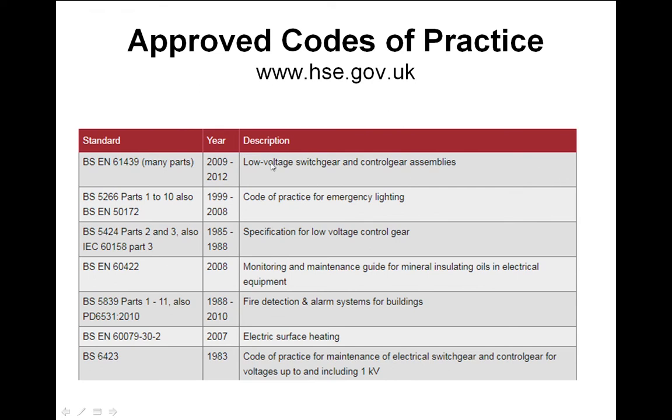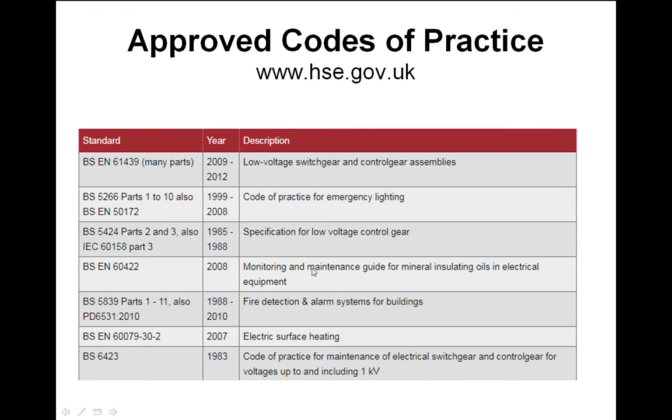We do have standards about low voltage switchgear and control gear assemblies, and a code of practice for emergency lighting. This is all about how much emergency lighting has to be in the factory, what about the batteries, and how often they need to be checked. If you've got a power cut and you need to evacuate the factory, you've got your emergency lighting there to lead you the way out.